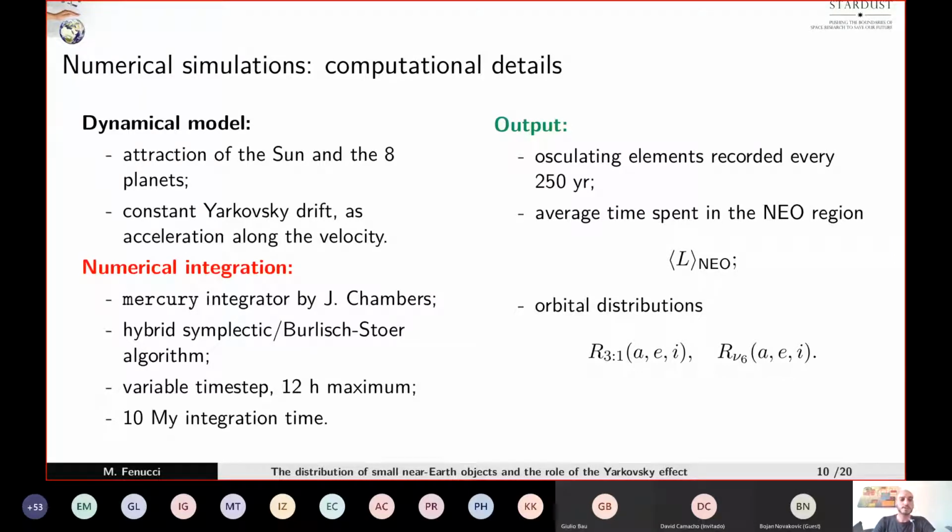For the numerical integration, we use the Mercury integrator, which uses a hybrid scheme which alternates a symplectic scheme to a Bulirsch-Stoer algorithm to treat the close encounters with planets. This algorithm also uses a variable time step, and we set the maximum time step to 12 hours. And we propagate forward the dynamics for 10 million years.